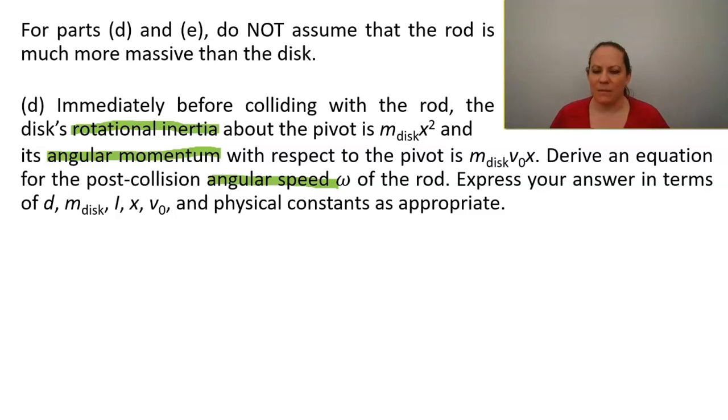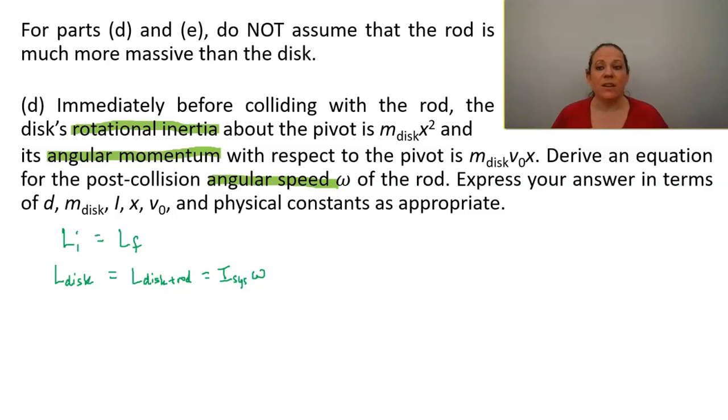Our initial angular momentum of our system will be equal to the final angular momentum of our system. Prior to the collision, the disk has all of the angular momentum. And afterward, the disk and rod moving together have angular momentum, which we will be able to calculate with I of the system times their angular speed.